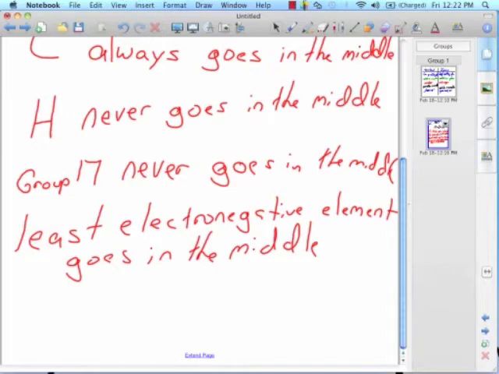How do we know? Yeah, if only we had marked the electronegativity page in our book, right? We can flip there, find which one is the least electronegative. That goes in the middle. So these are the rules. You kind of follow them in this order. It makes it nice and easy to make Lewis structures.